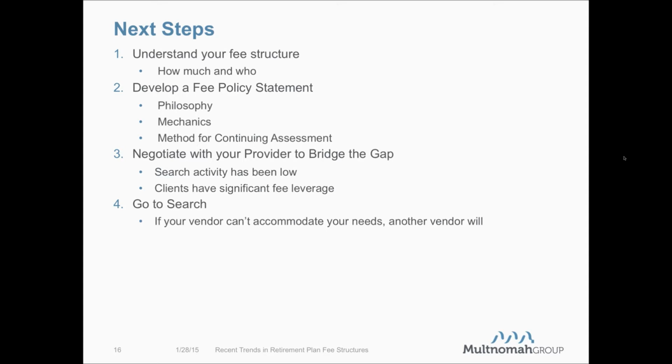So the 18 is the average across all plan sizes. The decline in prices has been more significant than that for larger plans, and less significant than that for smaller plans. And the reason being that many small plans are taken on at cost or maybe even at a short loss in hopes that they will grow over time.